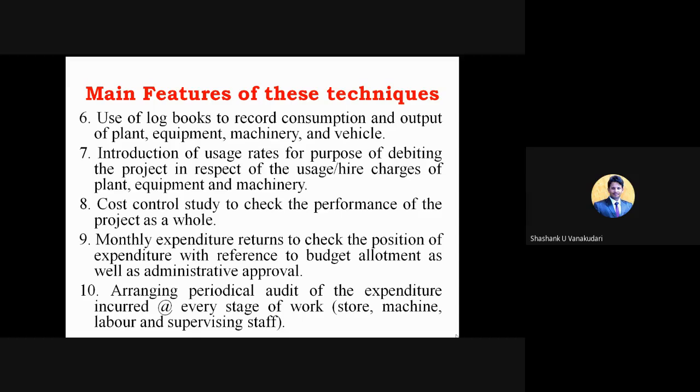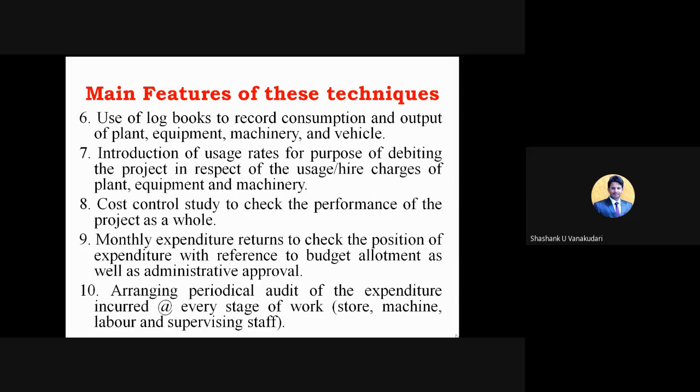And these techniques will arrange the periodical audit of the expenditure that is incurred at every stage of the work, such as store, machine, labor, and supervising staff. So here periodical audit means, for every work, before starting that particular work, there will be a meeting.